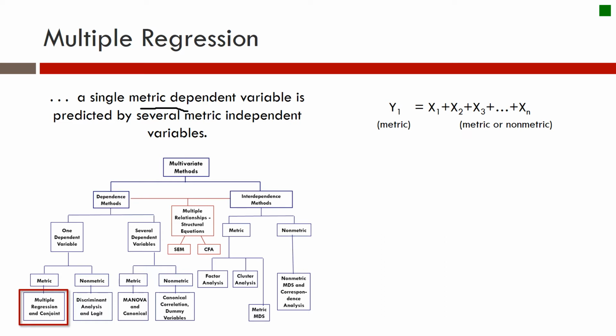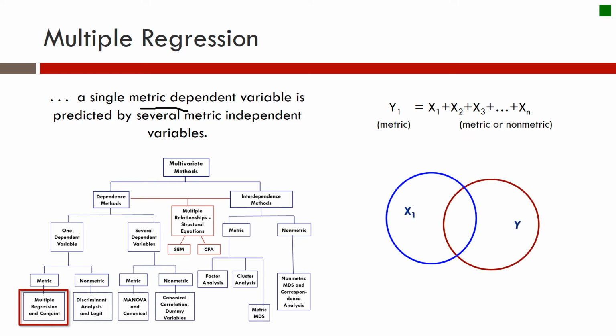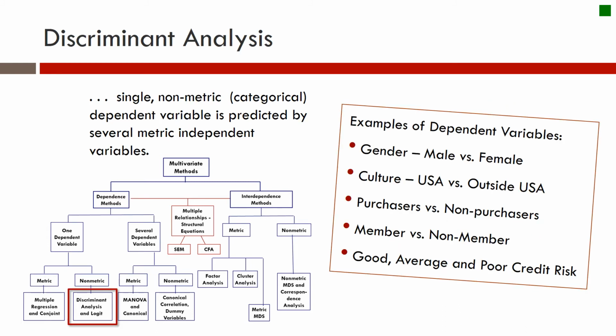So we have a y that is maybe indicated by several x variables, and we want to understand the degree to which the x or independent variables predict the y.